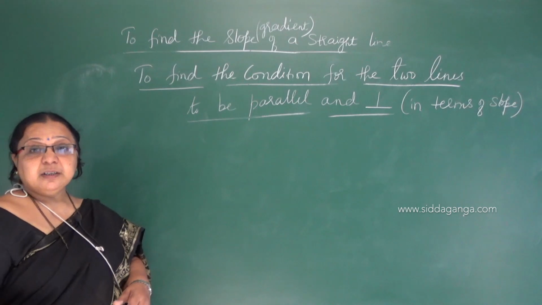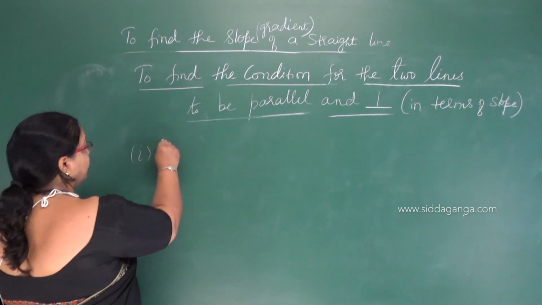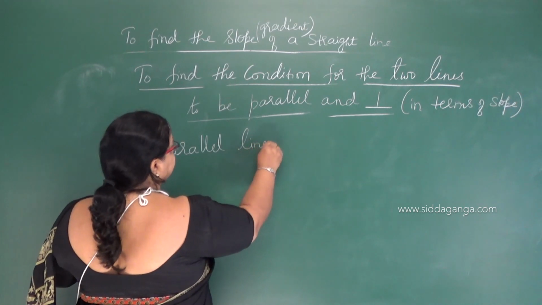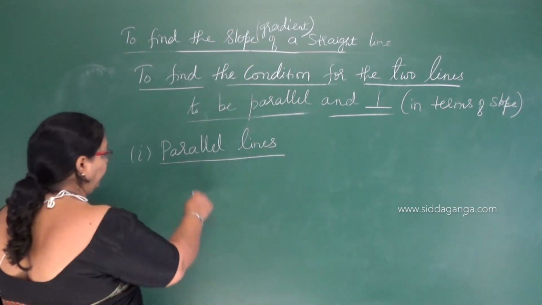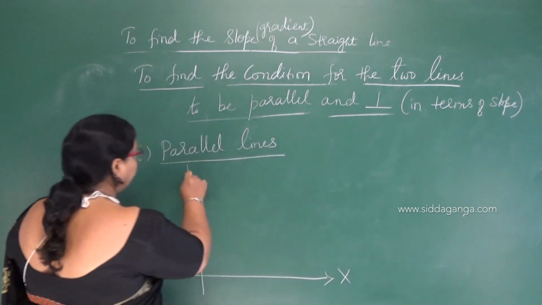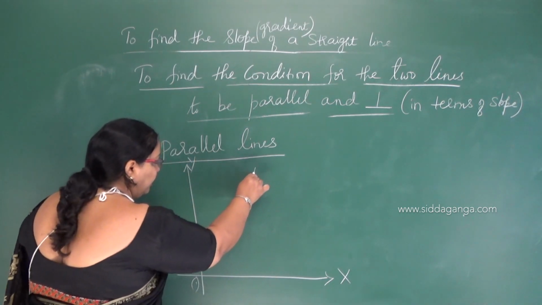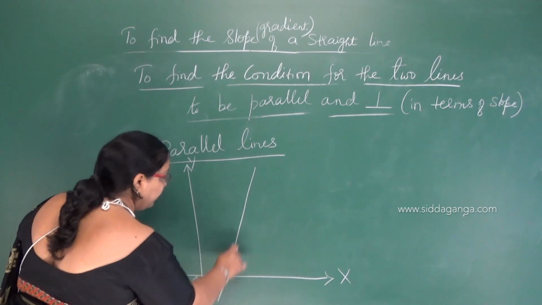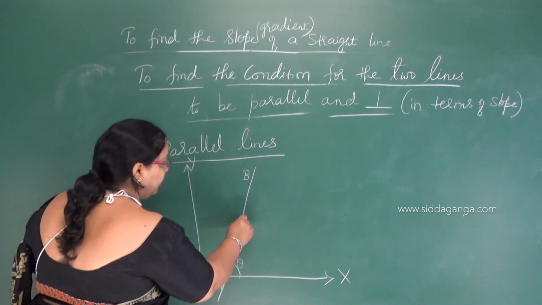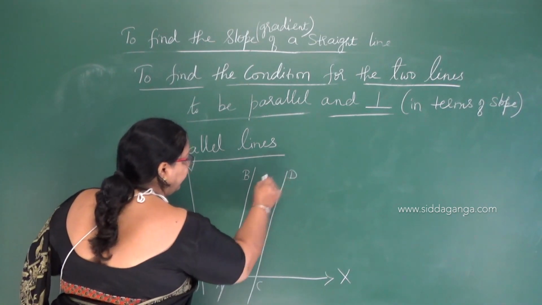So now first one is here. Parallel lines. You take two lines which are parallel to each other. Let the line AB be inclined at an angle theta. Let the line CD be parallel to the line AB.